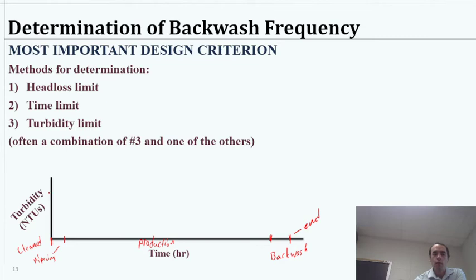what we can say is if we add some sort of turbidity limit, let's say like here, anything above this we say cannot be used safely. Then we track our turbidity. I'm going to use a different color. While we're rinsing, it probably is going to look something like this.